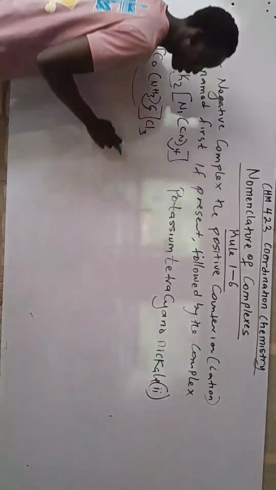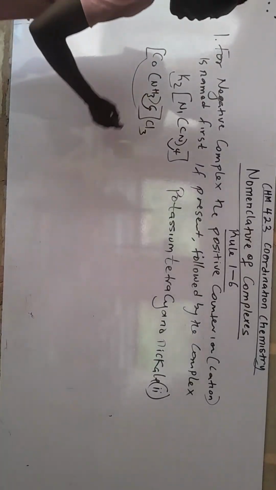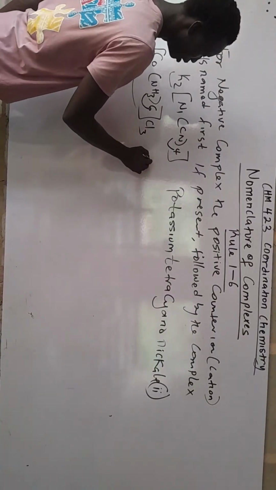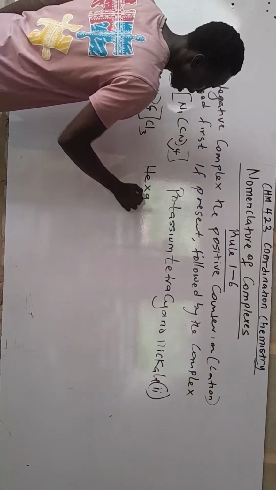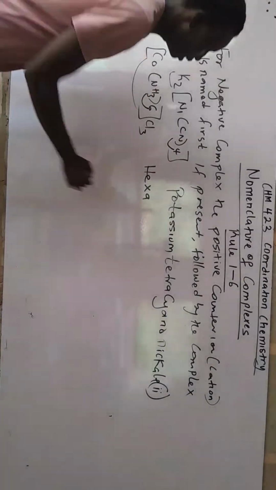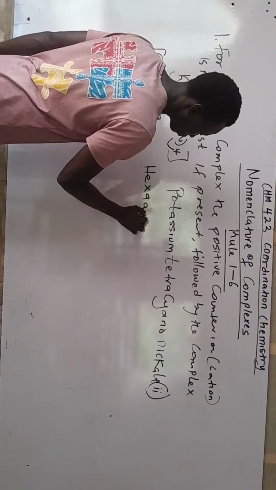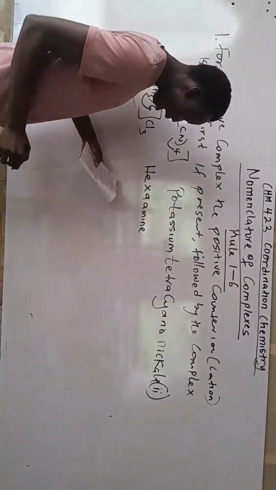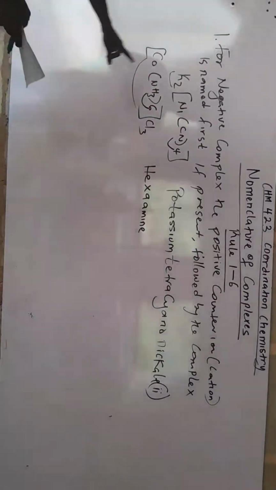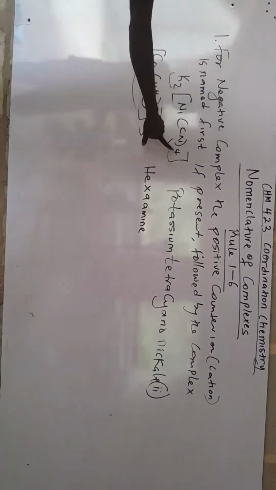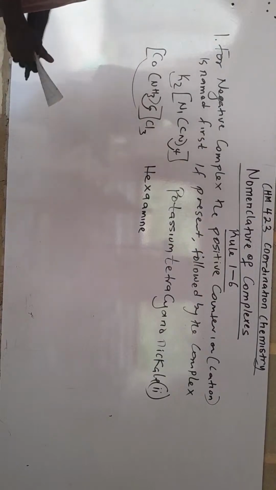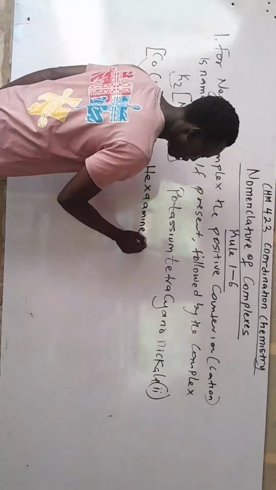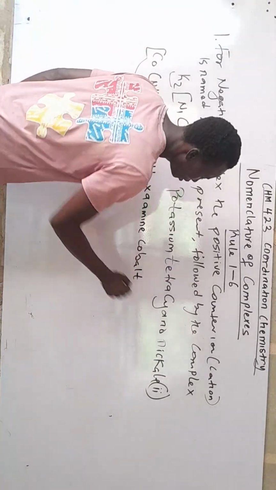So we are taking that one first. Here we are going to have the 6 of hexa, that is hexaamine, followed by the cobalt, as you can see, with Cn followed by nickel. They stay together. So we're going to have hexaamine followed by the cobalt.